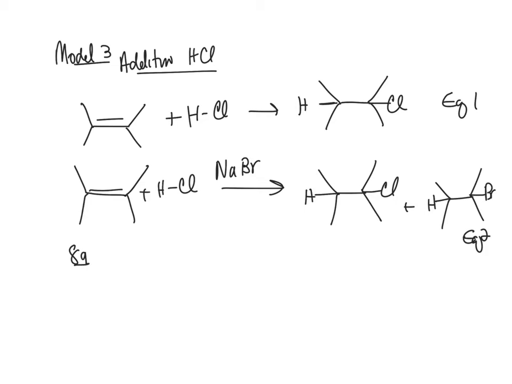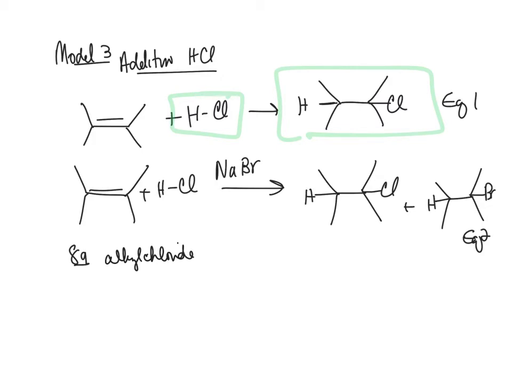All right, so questions. 8a. In equation 1, model 3, the alkene is reacted with HCl only. What product is formed? What are we going to call that? The alkyl chloride.